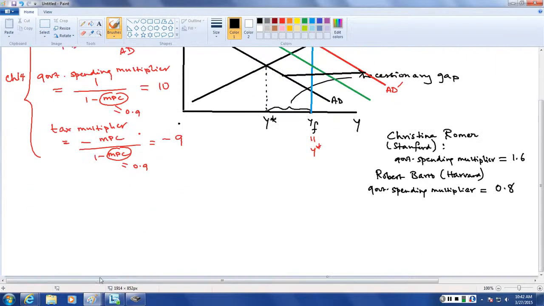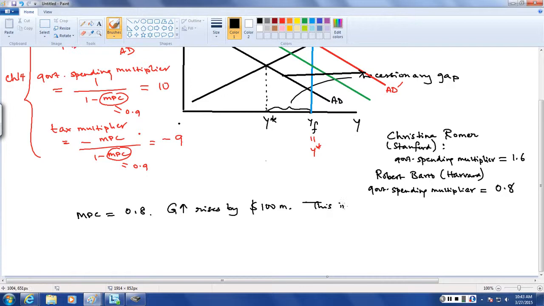Okay, let me give you a little math problem here that will help you work out this crowding out story, okay? And the problem is as follows. The marginal propensity to consume is 0.8. Government spending rises by 100 million.